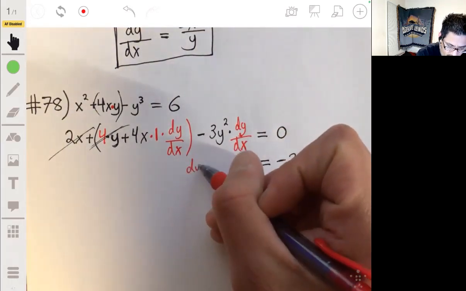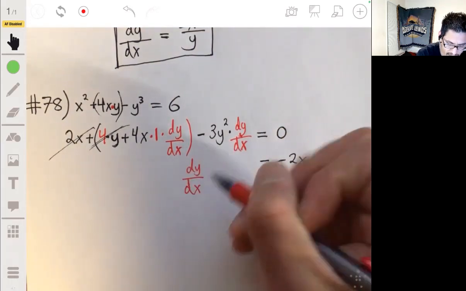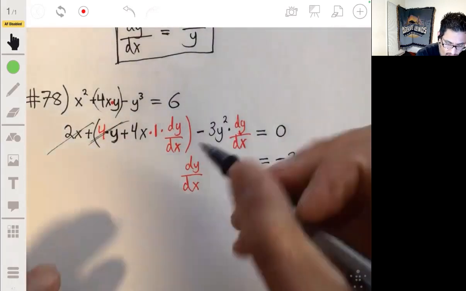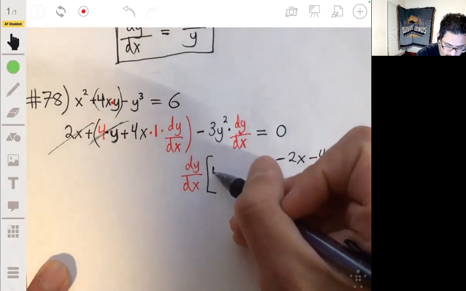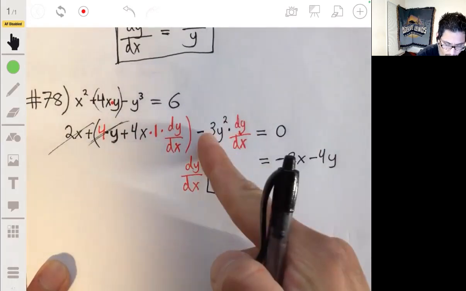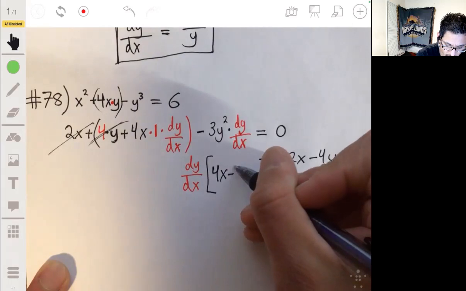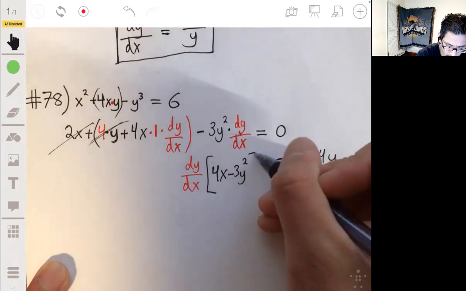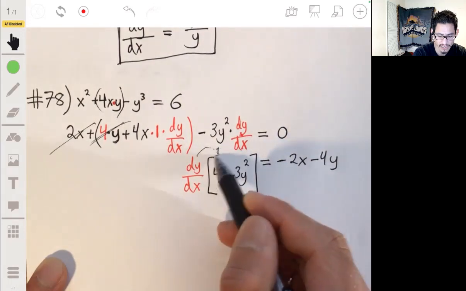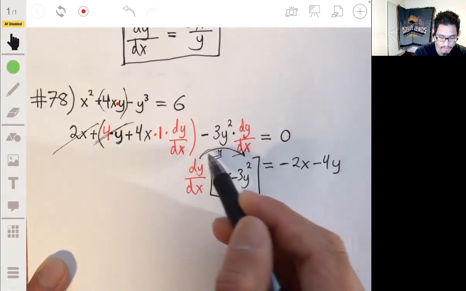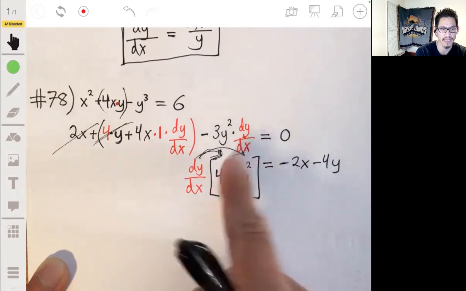So you can factor out this dy/dx, because dy/dx multiplied by 4x is there minus the 3y squared. So remember, reverse factoring would just get us back to that.